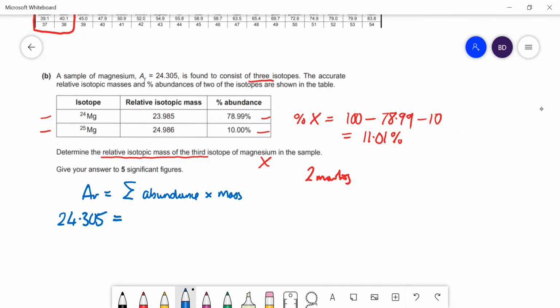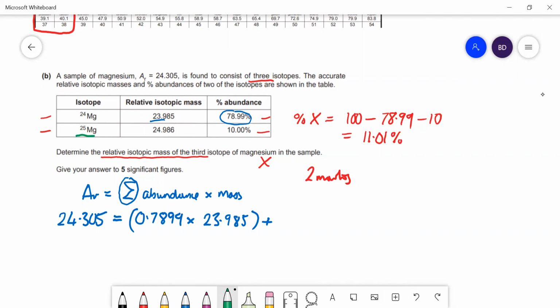Now the abundance of the 24 is that one. We're going to do it as a decimal, not as a percentage, so it's 0.7899 multiplied by the mass of that one, 23.985. This is the sum of all those three isotopes, of course. So let's do it for the 25.